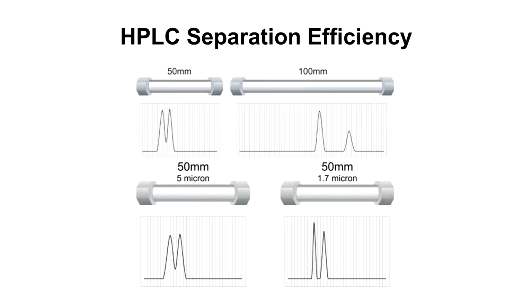If you can shrink the particles down to 1 or 2 microns, you can get great separation on short columns in short times. And this is the principle behind ultra performance, or UPLC, ultra pressure, because the small particles require higher pressures. So UPLC, an extension of HPLC, basically is the same as HPLC, but higher pressures, smaller particle sizes.